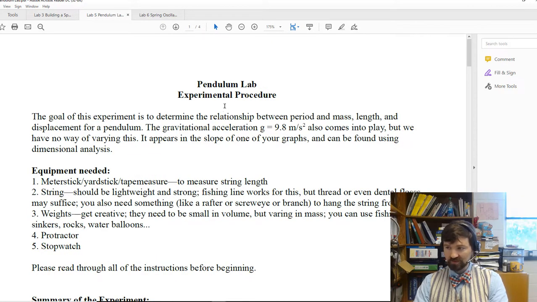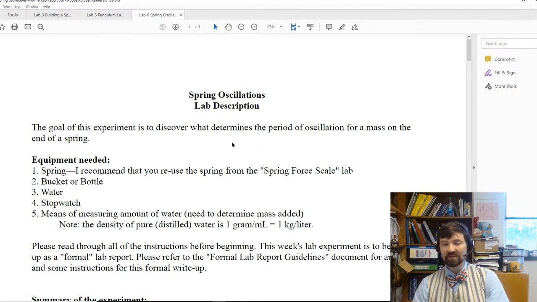And then last week you did the pendulum lab, where you were supposed to determine what affects the period for a pendulum oscillator. So now this week we're looking at a different type of oscillator, a mass on a spring oscillator.